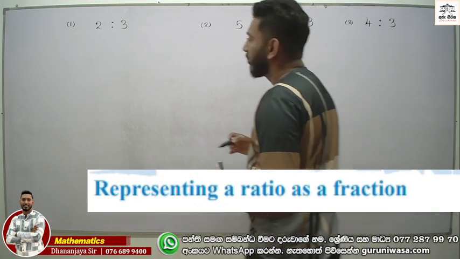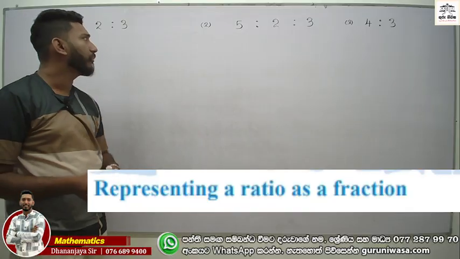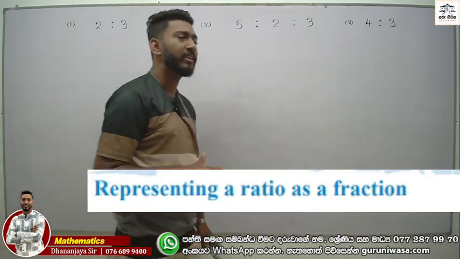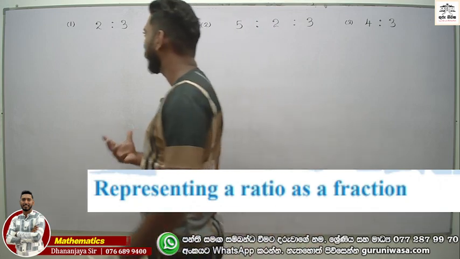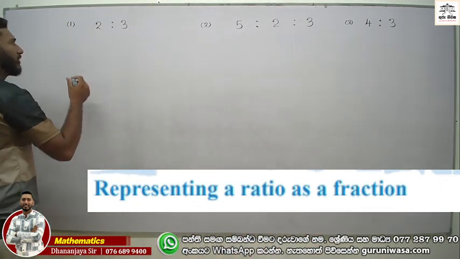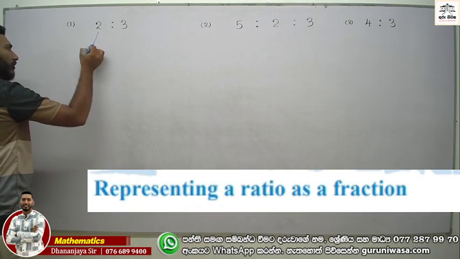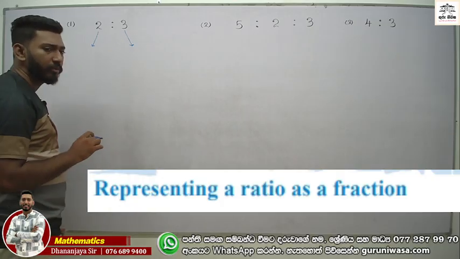Right. Now look at the board. There are three ratios. First one, 2 to 3. Now you can represent it as fractions like this. This one is 2. This one is 3. How about the total portion?